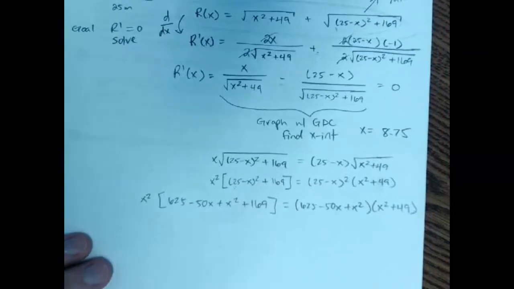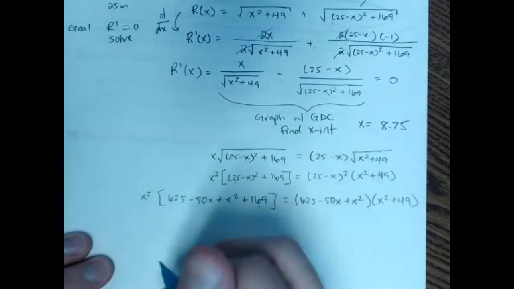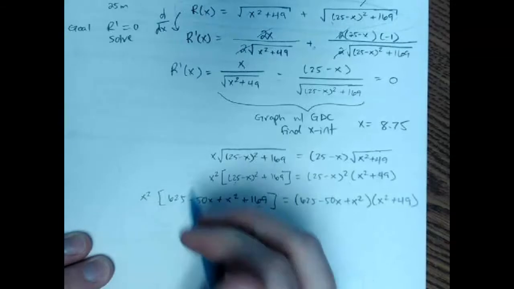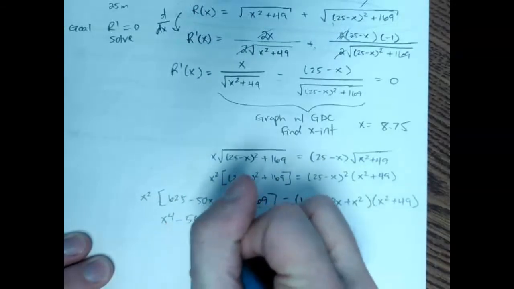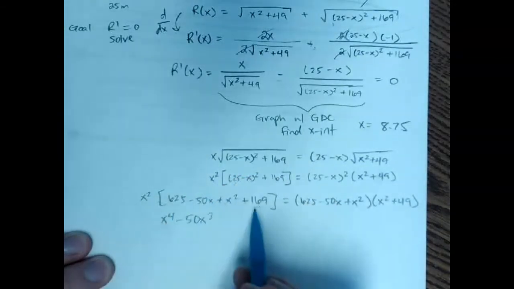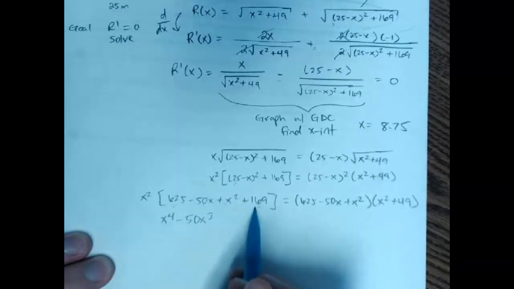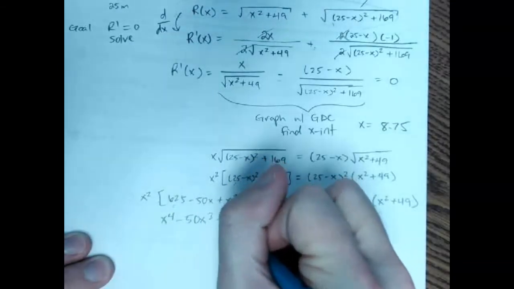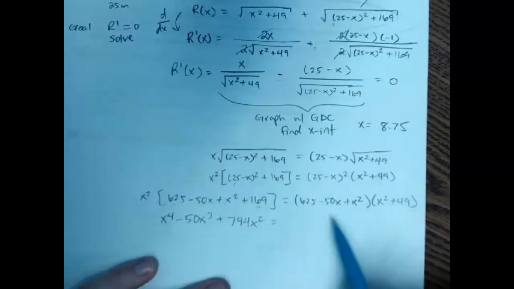Those two will combine, and then you're going to distribute. So x squared times x squared is x to the 4th, minus 50x cubed. If you have the 625 and the 169, that's going to be 794, so plus 794x squared.